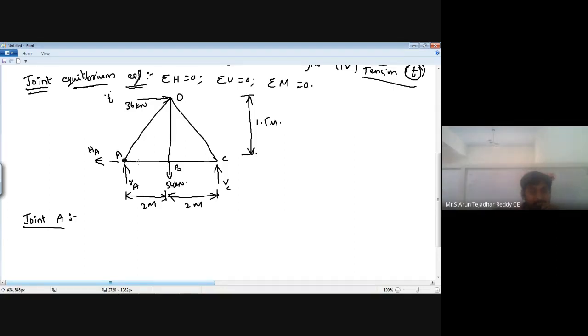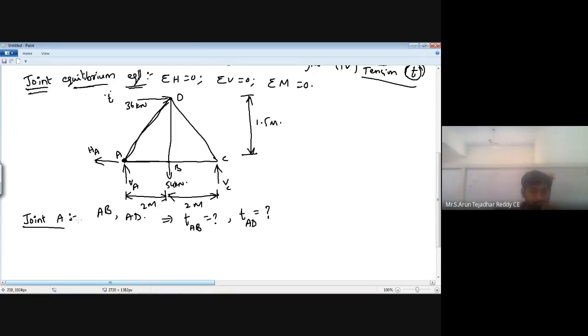AB member and AD member. It means we need to find the tension coefficients TAB and TAD.